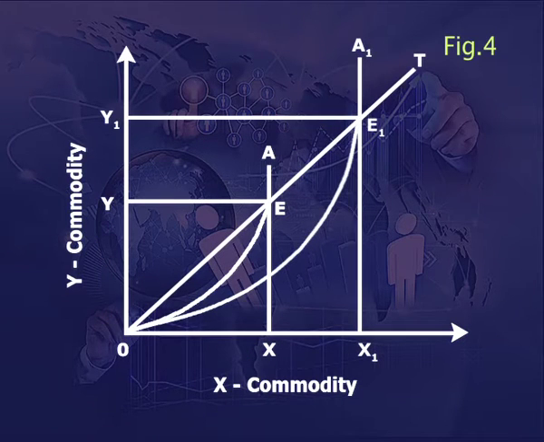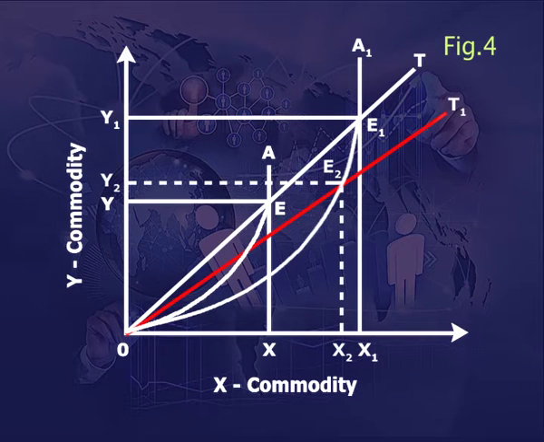The new equilibrium will be at point E1, where country A exports X1 more of X and imports Y1 more of Y. But at constant terms of trade, it does not gain from trade because it must offer more X per unit of Y than before.